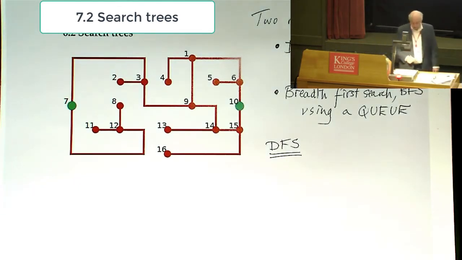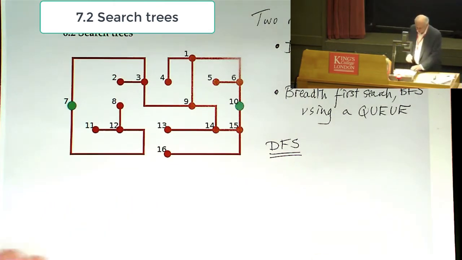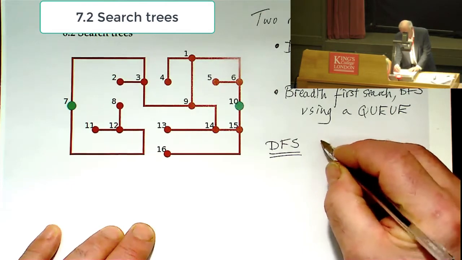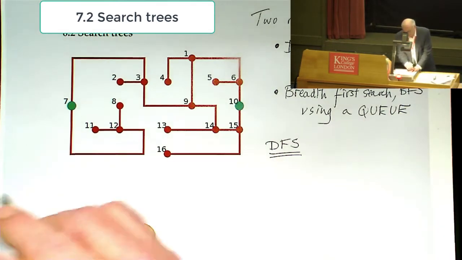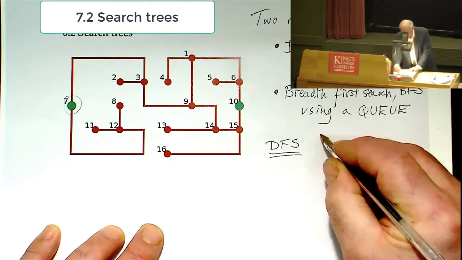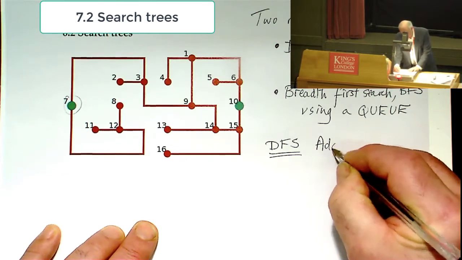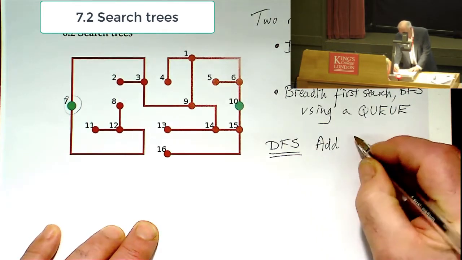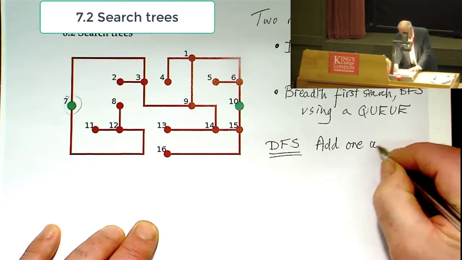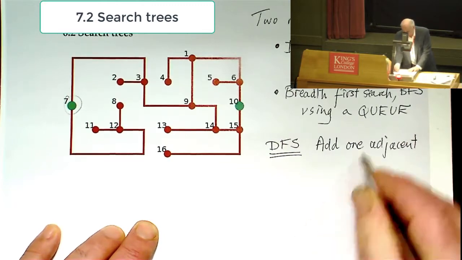So the way I'm going to implement this, and there are different ways of doing this, is that at each stage we're at a given vertex, and we're going to start with 7. At each stage, we only add one adjacent vertex, because you always look at adjacent vertices.